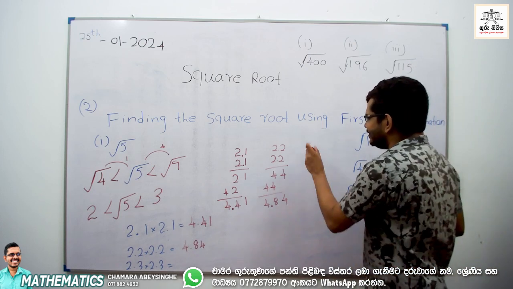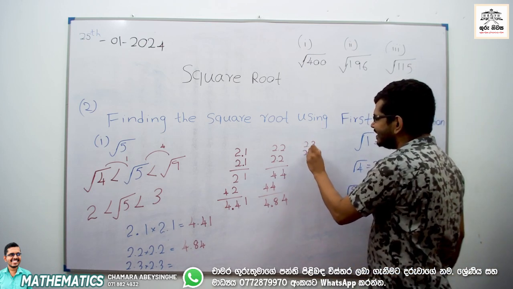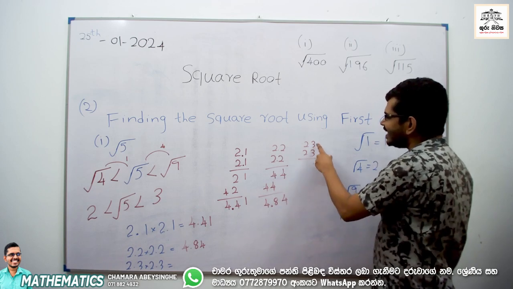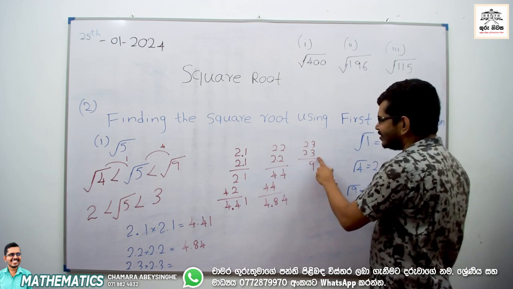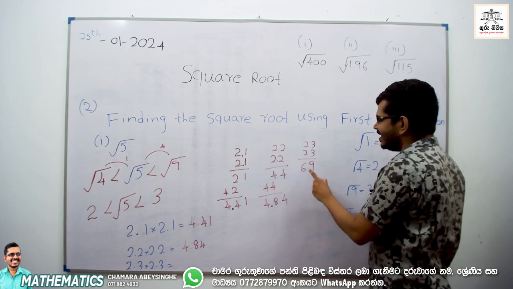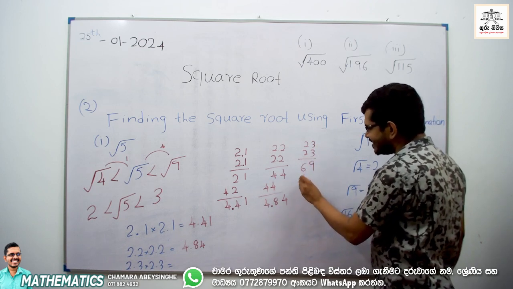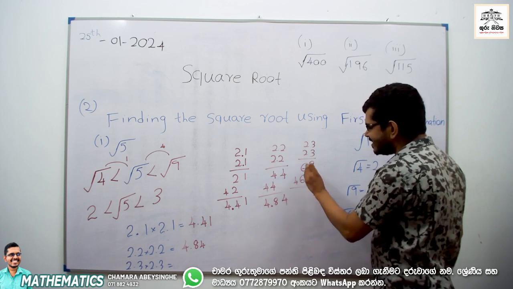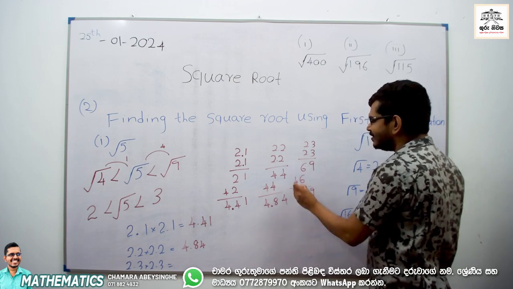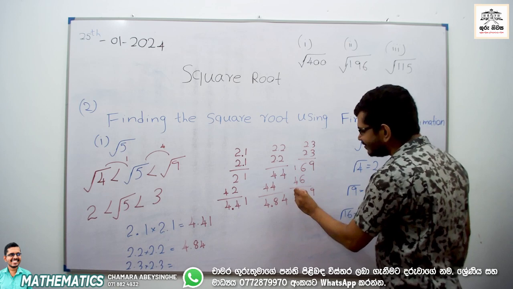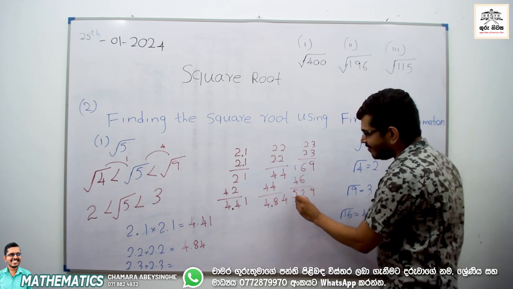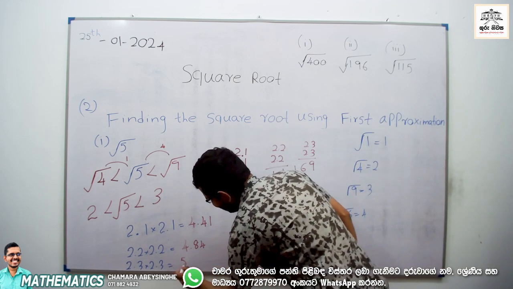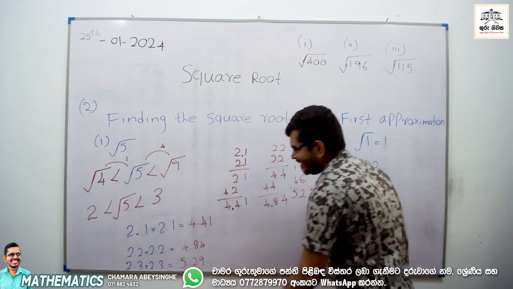Let's see. 23 multiply 23. 3 times 3, 9. 3 times 2, 6. 2 times 3, 6. 2 times 2, 4. 9. 6 plus 6, 12. Put the 2, remain 1. 1 plus 4, 5. 5.29.